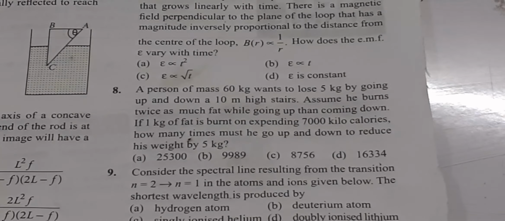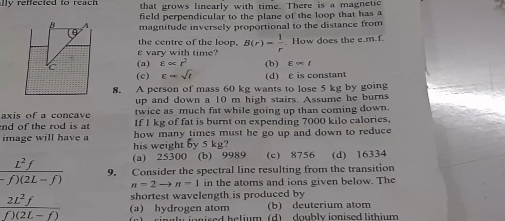Next question 8. A person of mass 60 kg wants to lose 5 kg by going up and down a 10-meter high stairs. Assume he burns twice as much fat while going up as coming down.